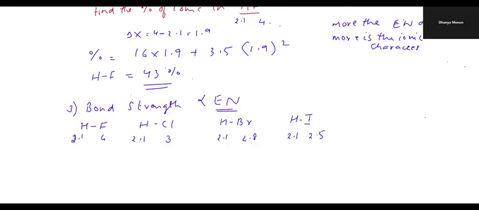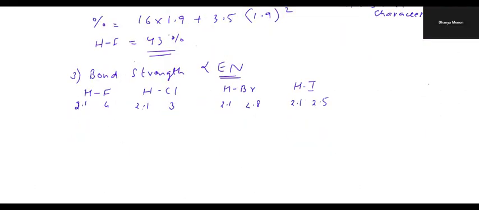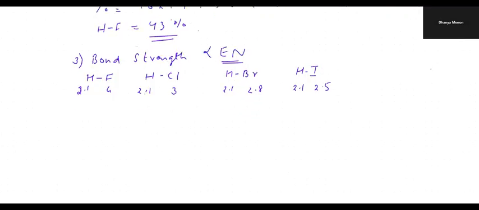Now, we just said bond strength, so you have to arrange them in increasing or decreasing order of their bond strength. And we just discussed bond strength is directly proportional to electronegativity difference. Let's find out the difference first. Difference of electronegativity. In this case, it is 1.9. We just did a while ago. This is 0.9.